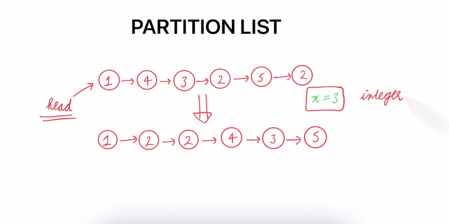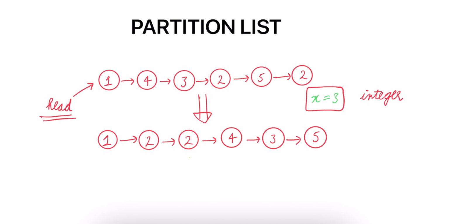We can assume the linked list has integer values, and we have to partition it such that the nodes which have values less than x are on the left of the nodes which have values greater than or equal to x.